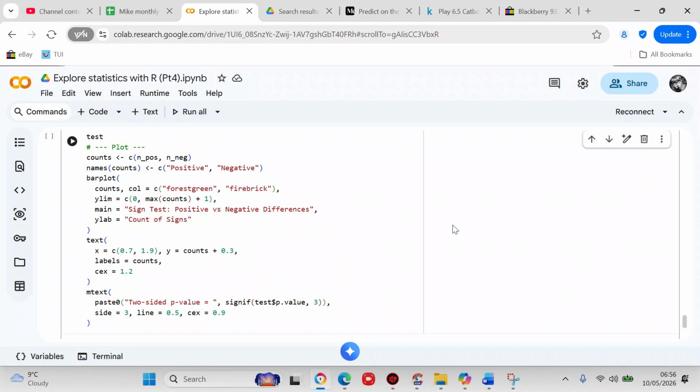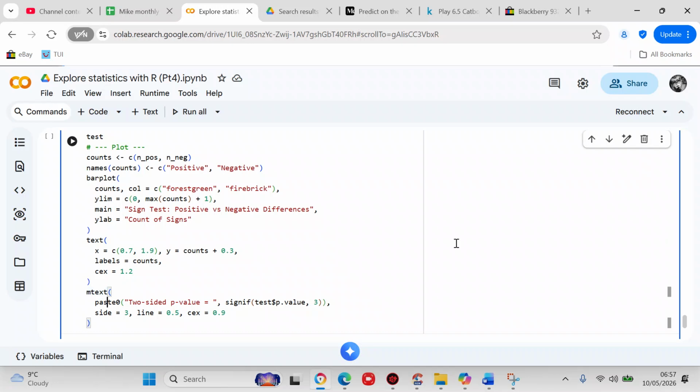And then we're going to put some text in there. So x becomes a vector c(0.7, 1.9), and y becomes counts plus 0.3. Labels equals counts, cex equals 1.2.